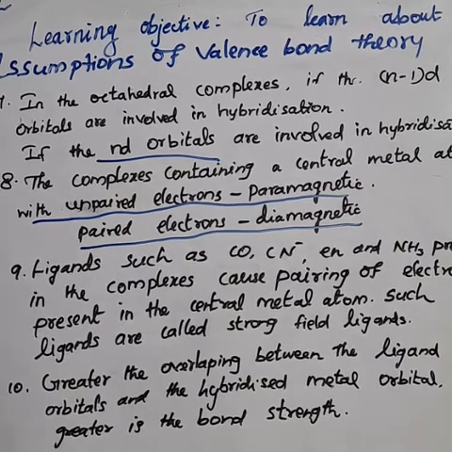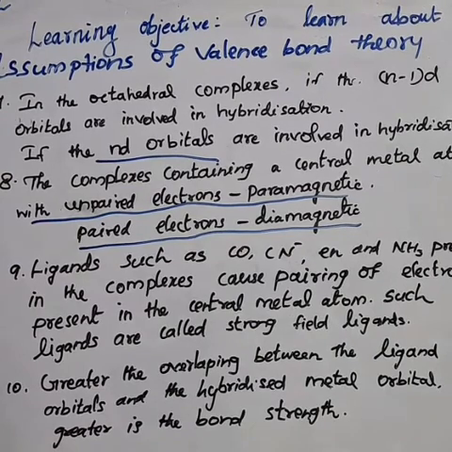The complex containing the central metal atom with unpaired electrons is paramagnetic in nature. If all electrons are paired in the complex, it is called diamagnetic.